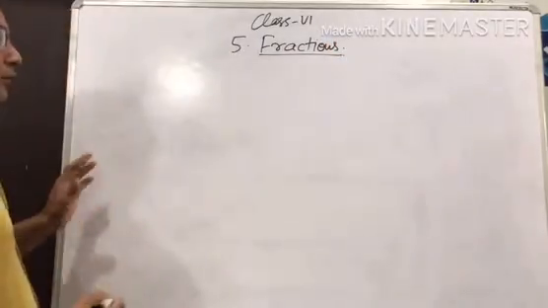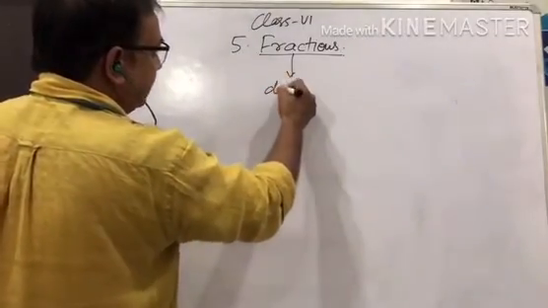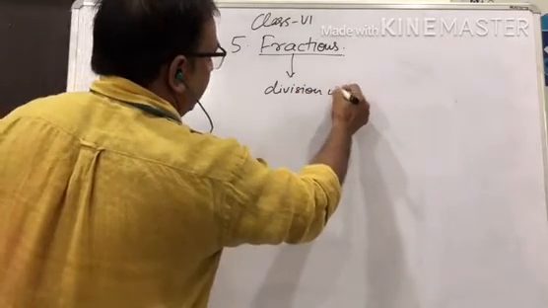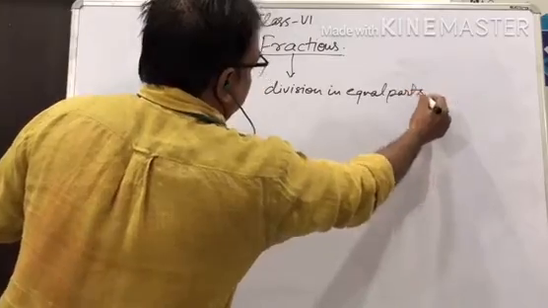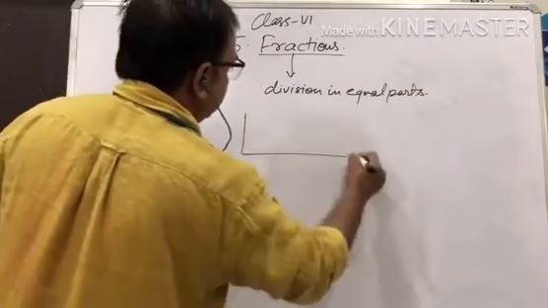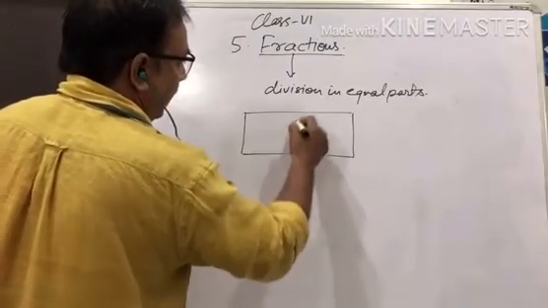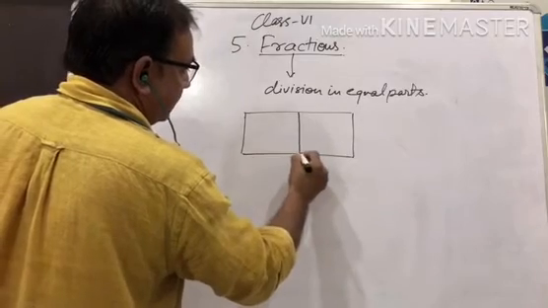Fraction. So first I tell you what is fraction. Fraction is basically a division in equal parts. Means if we suppose this is a figure and when we divide it from this, this is the midpoint.